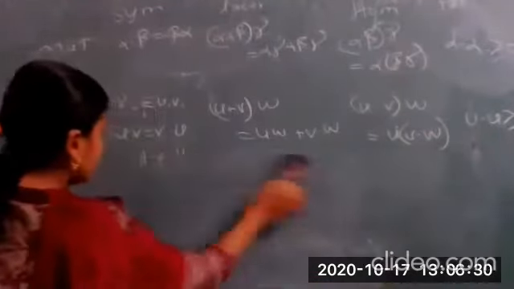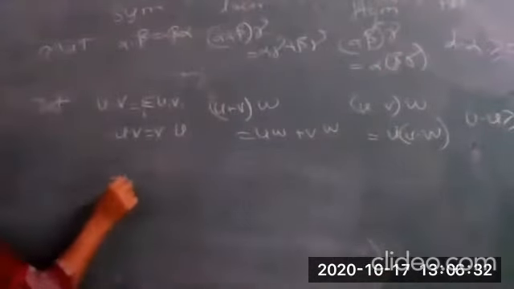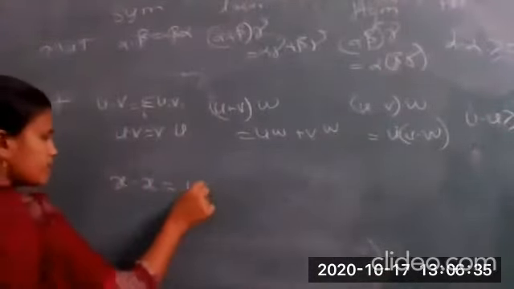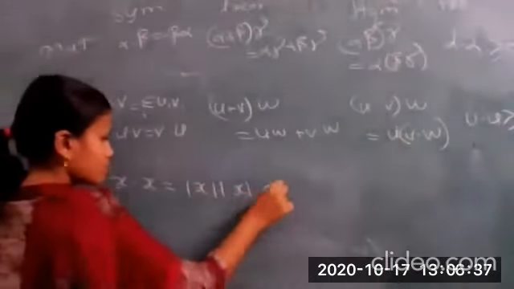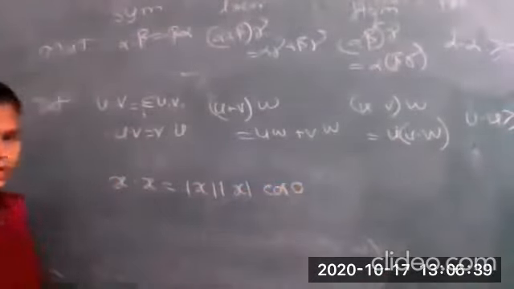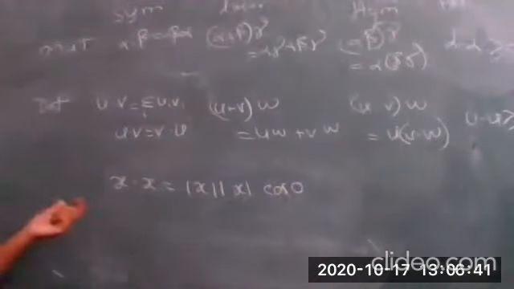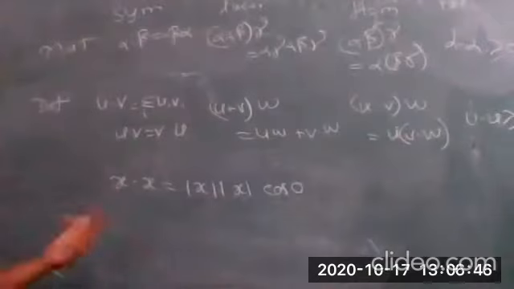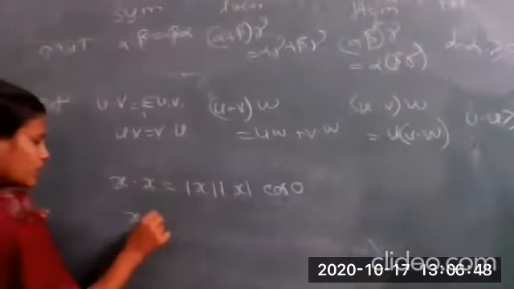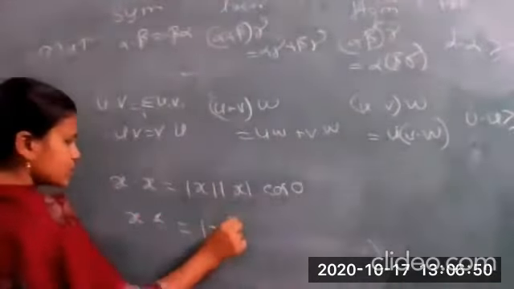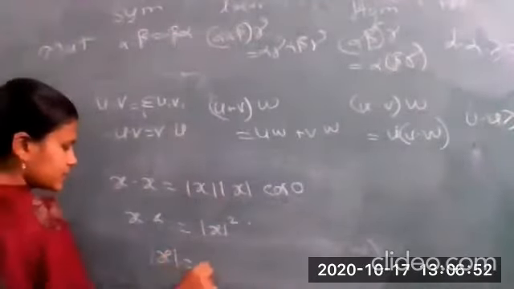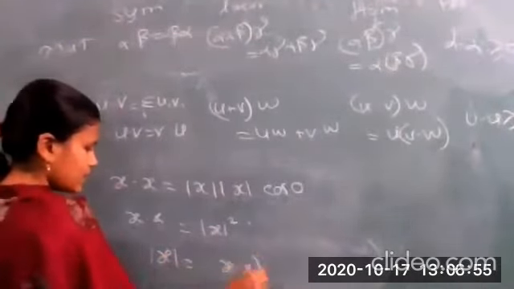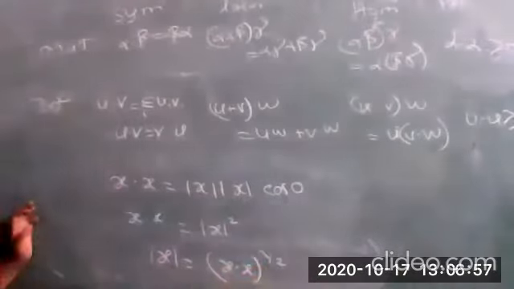How is it derived? Let me write down once again. What is x dot x? We can write it as mod x into mod x cos of theta. What is theta in this case? The angle of the x vector with itself is 0. So x dot x is simply mod x square. So what will be mod x? It is simply (x dot x) raised to 1/2. Correct?